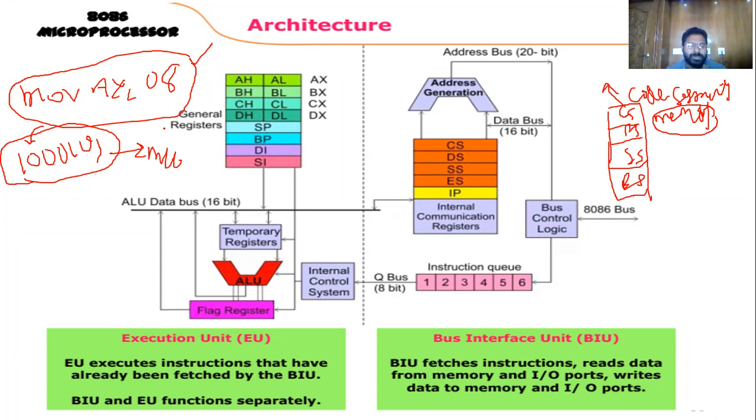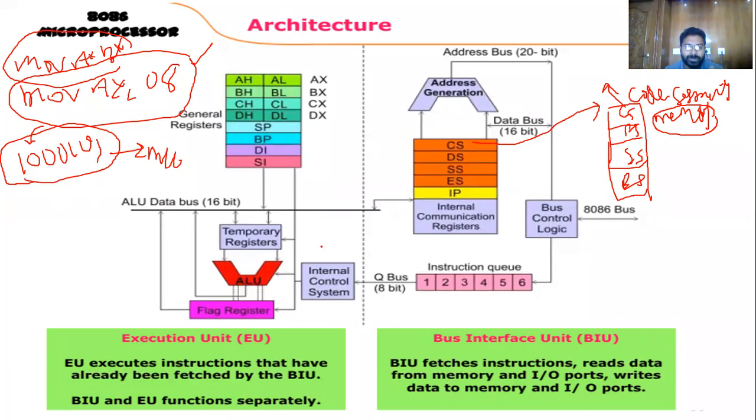Whenever the microprocessor wants to execute an instruction, MOV AX, BX or MOV AX, 08, whatever instruction it is, that code is available in the code segment in memory. Then how are these code segments identified by the microprocessor? They are identified by using the code segment register.